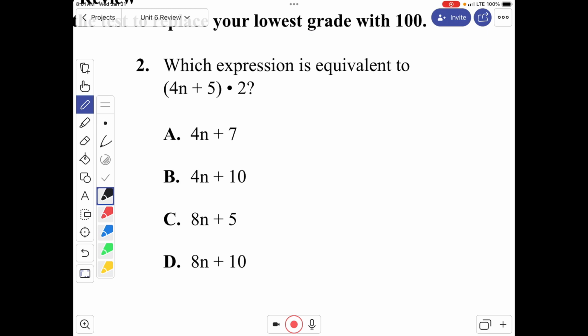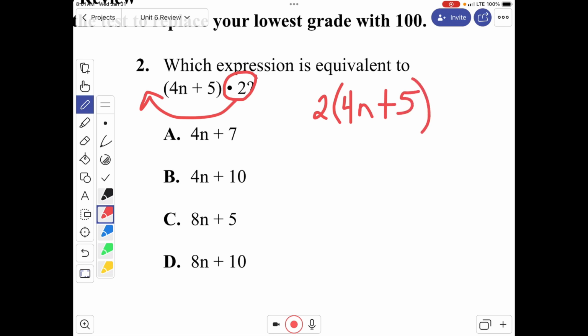Question 2 says, which expression is equivalent to 4n plus 5 times 2? Now, because we can move it to the front because it's multiplication, it might look a little bit more familiar to you if you put the 2 in front. And remember, we can use the distributive property.